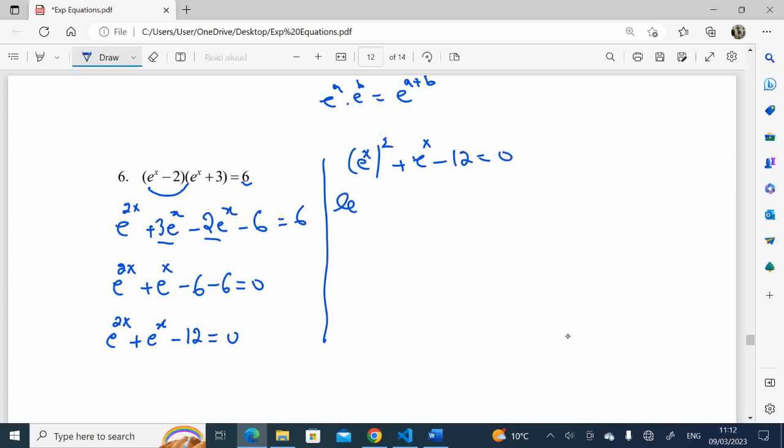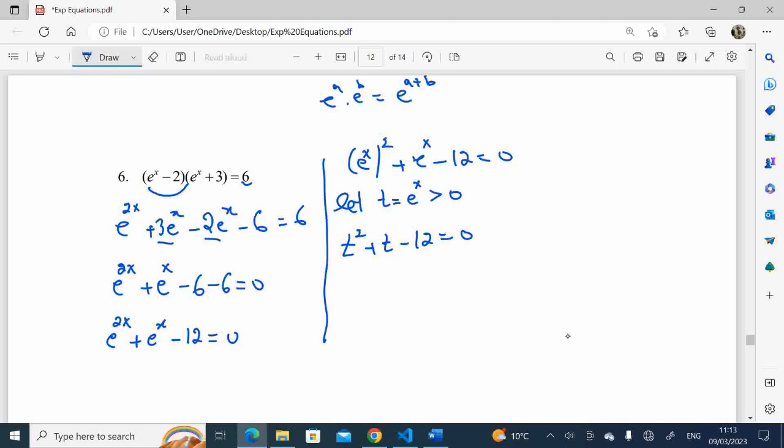If I let t equal e^x, so t should be strictly positive because e^x is strictly positive. So we get the quadratic equation t squared plus t minus 12 equal to 0. As I said, we may use a calculator, we may use delta, we may factorize this quadratic.